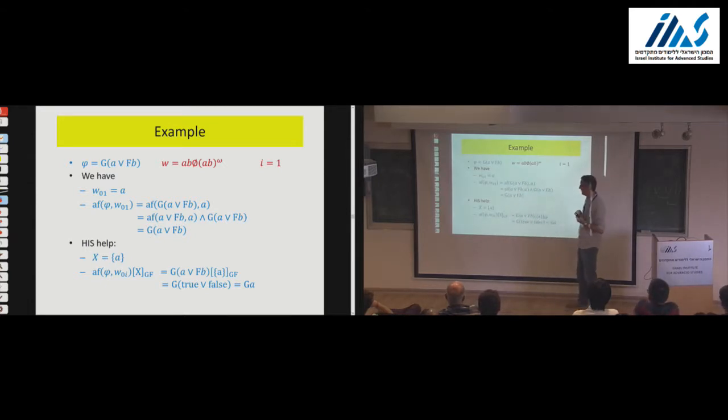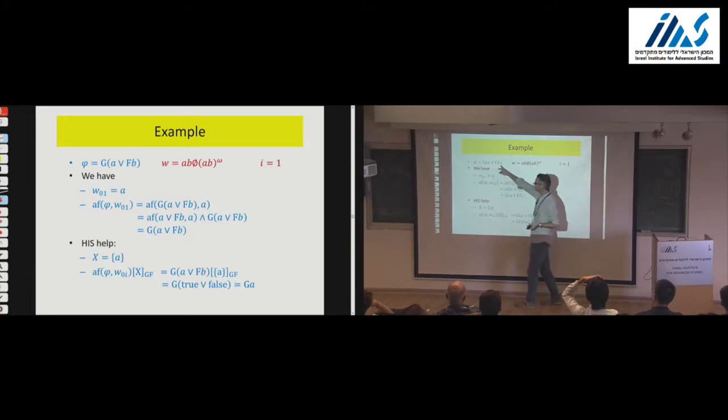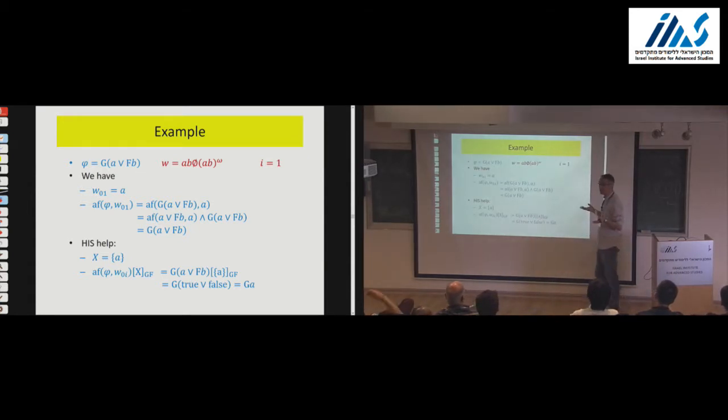It is this one. And now God tells you A holds infinitely often, but that's all I am going to tell you. That's all the information you have. Well, if you compute this formula, what you obtain is GA, and indeed GA is enough to prove that the formula holds. Maybe it's more than you have to prove, but it is okay. Good, so that's all you have to keep in mind.